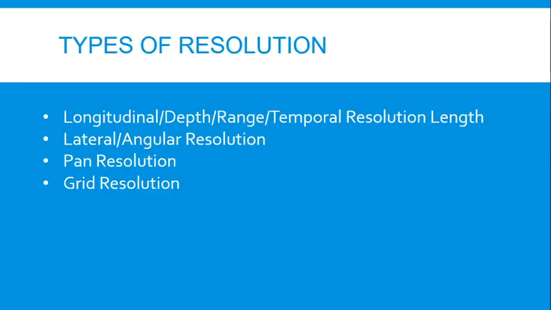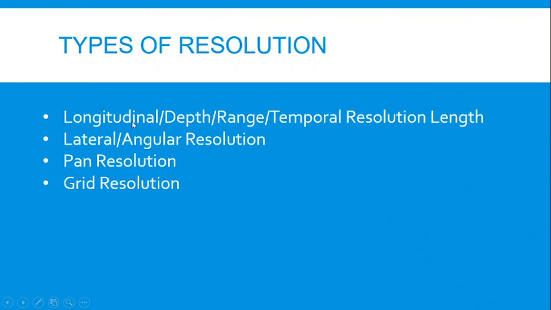So what are the types of resolution that we are going to deal with here? Basically there is longitudinal, or we can say the depth, or sometimes it's known as the range or temporal resolution length. It is a very big name, but different literatures and different people from the industry call it by different names.